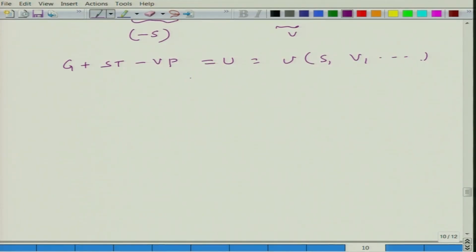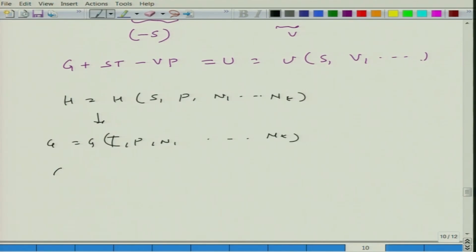So, what I am trying to say here is that we can also try this h to t, p, n i and t, and this is a function g, which means g is equal to h minus del h by del s, or rather some function, which should be same as g.